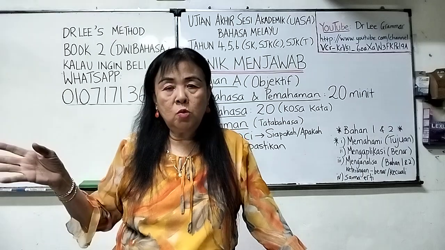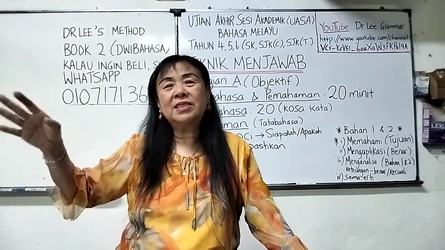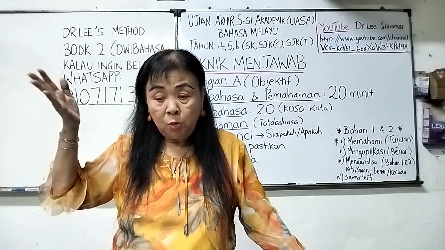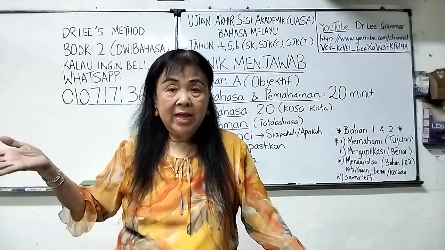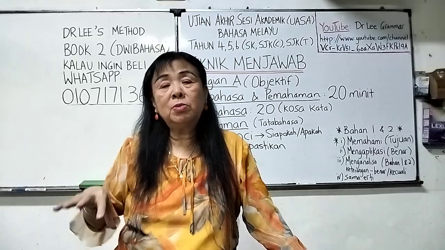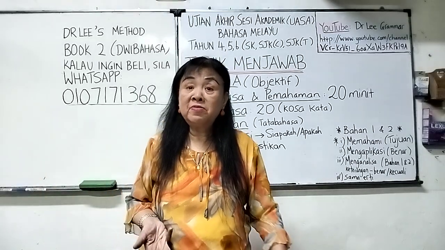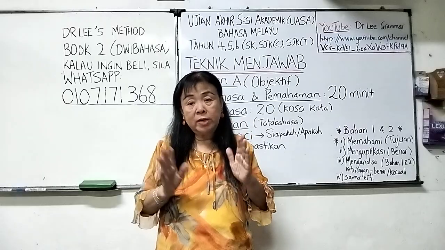Amin membeli buku. Buku dibeli oleh Amin. So Amin membeli buku is the active voice, or ayat aktif. And then buku dibeli oleh Amin, that will be the ayat pasif, or in English the passive voice, when we use di and oleh.